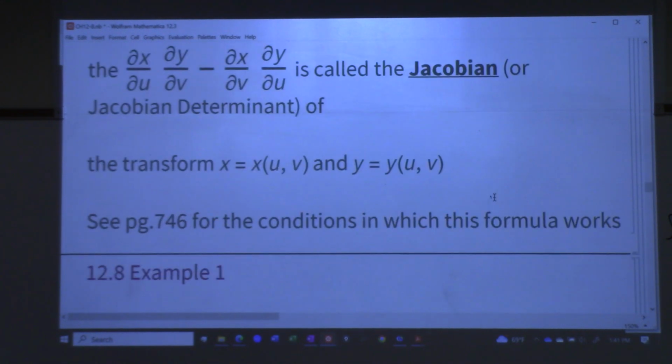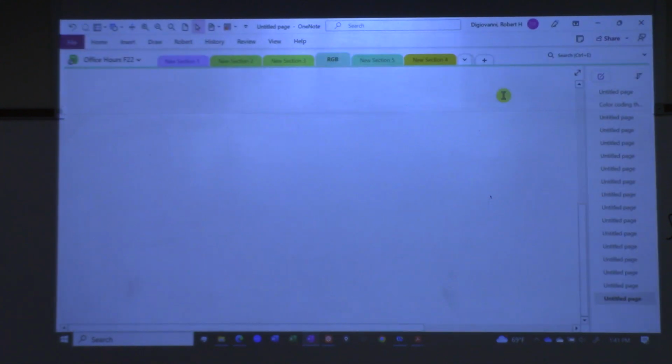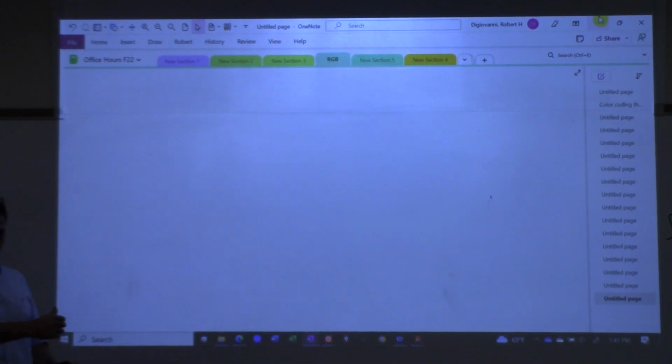All right, I think maybe we should just do an example. I think the most natural example right now would be let's prove the r from the polar. Remember that r popped out? Let's prove that we get an r that pops out anytime we convert from Cartesian to polar.